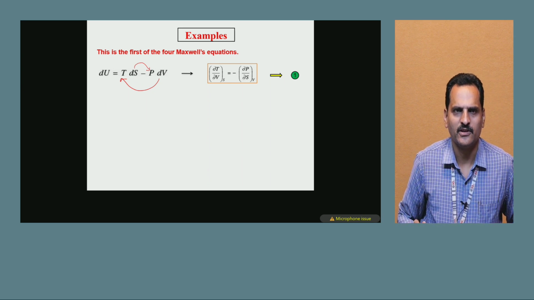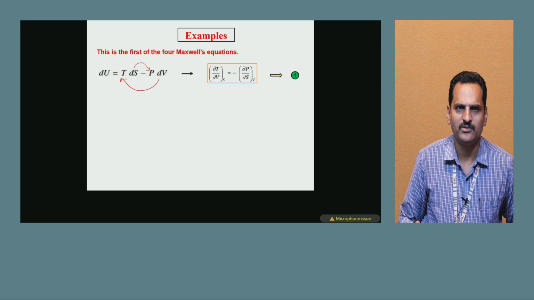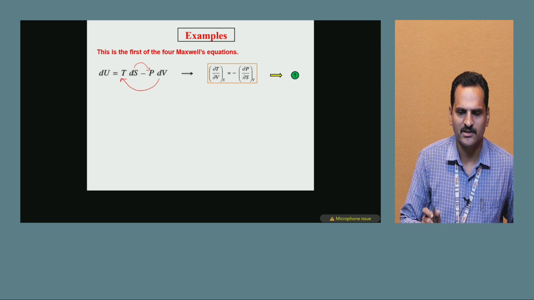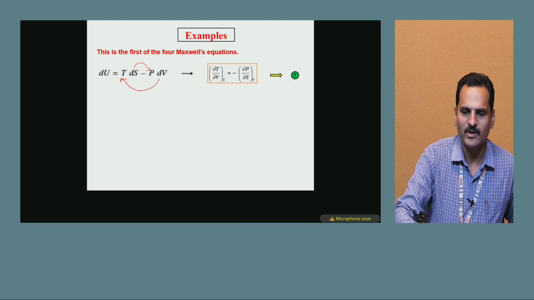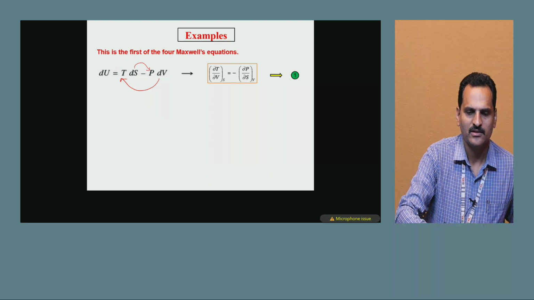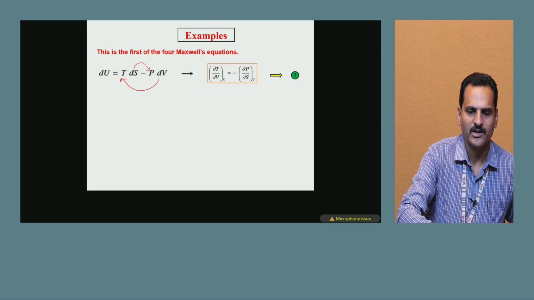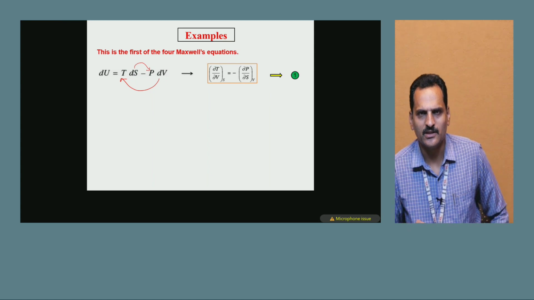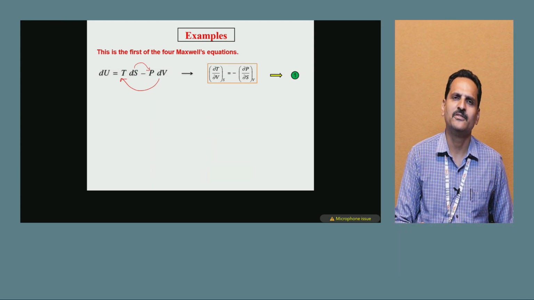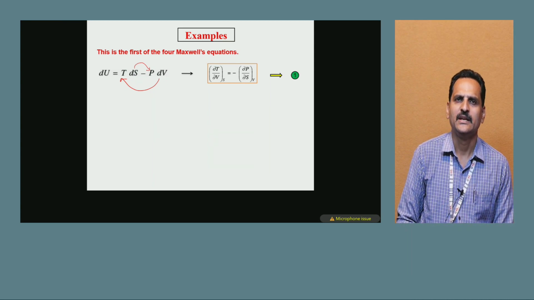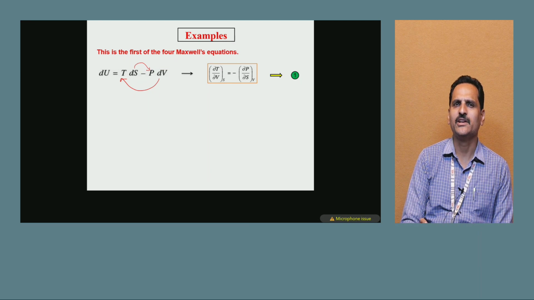If you look at the first fundamental property equation, dU is equal to TdS minus PdV, that is converted into the first Maxwell equation. How do you get this? What is a Maxwell equation? These are the partial differential forms of the fundamental property equations, called the Maxwell equations.